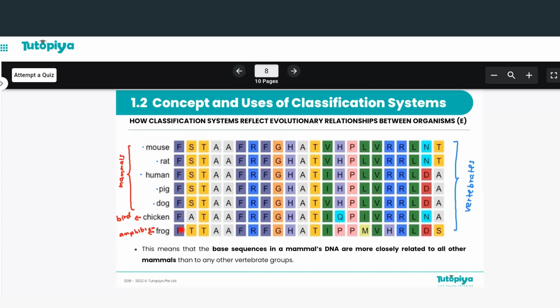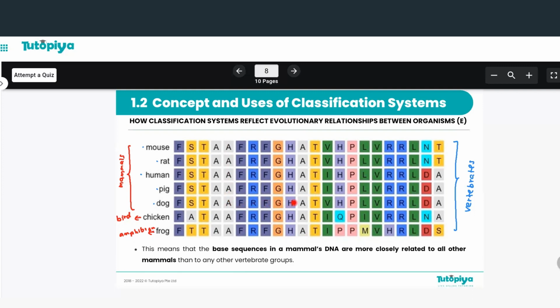All right. Now, the DNA base sequences here show that the mouse, rat, human, pig, and dog, these DNA base sequences are very similar to each other. Just take a second to analyze this. You can see all these base sequences, they are all similar to all these 5 organisms.